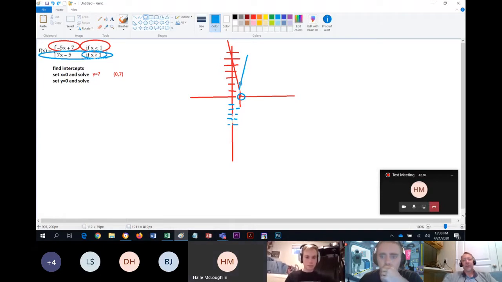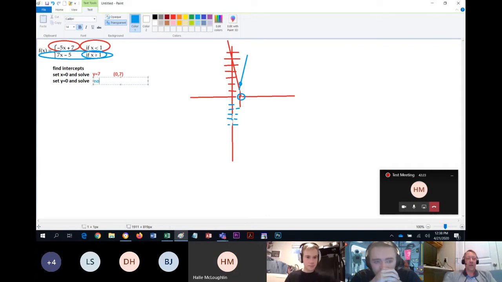So where does y equal 0? It doesn't reach it. So therefore, there is no y-intercept.